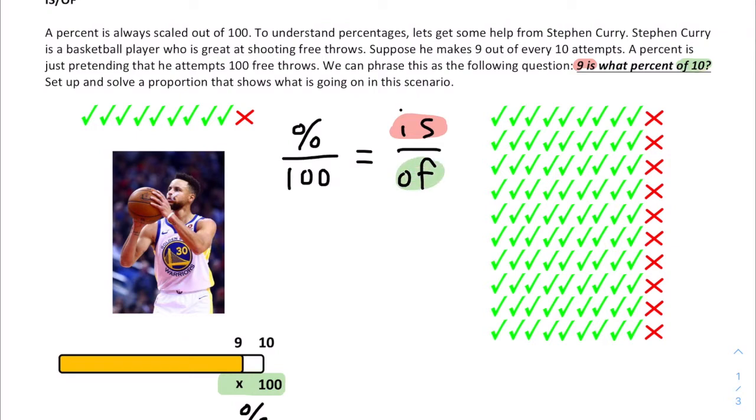So if we can get into the habit of looking for the "is" and looking for the "of", we can figure out where each number is going to have to go.